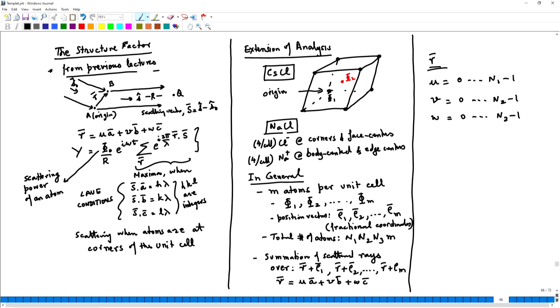So, let me now write the modification to this equation, in which I can now incorporate m more atoms per unit cell.